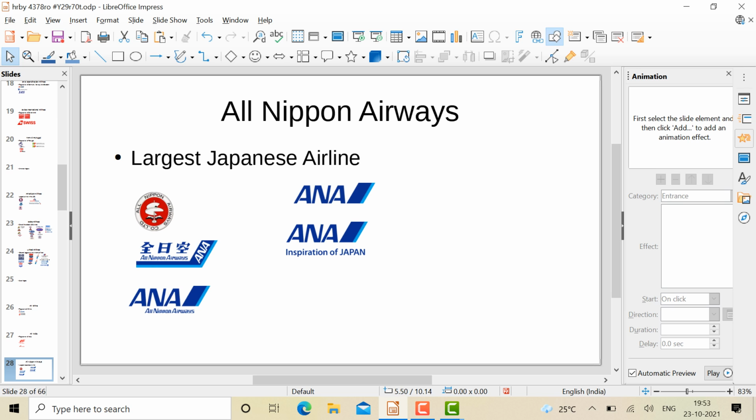The next one removed the lines, though ANA was still there, now in blue, while All Nippon Airways was retained. Next, All Nippon Airways was removed from here, and everything else remained the same. And then the current logo has the motto "Inspiration of Japan" written below it.